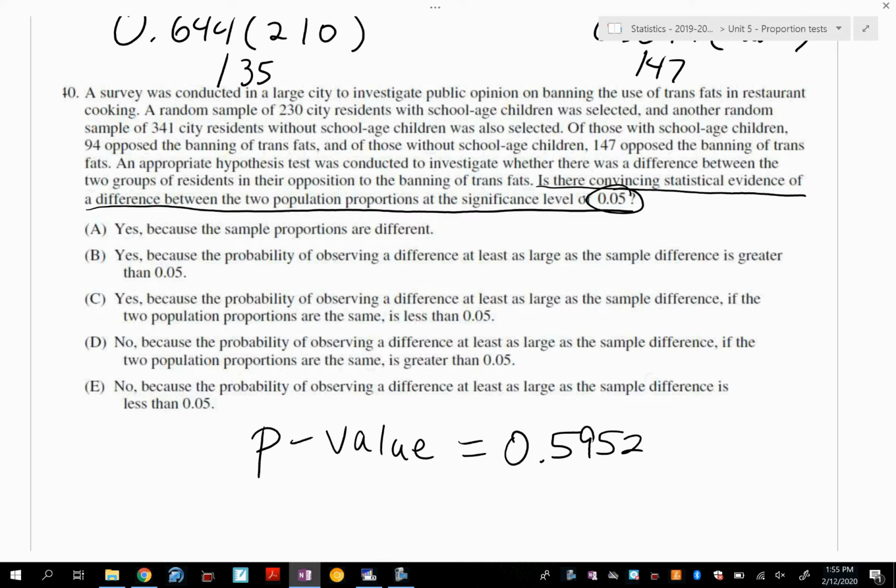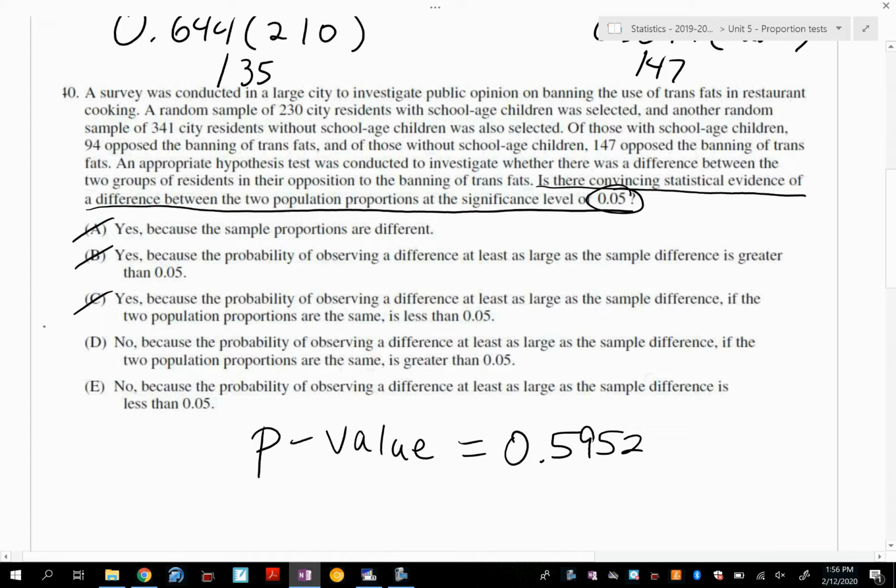So the moment I read yes, yes, yes, I cross them out. So I know the answer is going to say no. There is not convincing statistical evidence of a difference between these two proportions. But the question is, is it D or E? When you read it, you'll notice our decision was made because our p-value is above alpha.